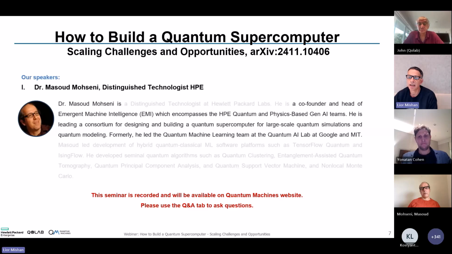He is leading a consortium for designing and building quantum supercomputer for large-scale quantum simulations and quantum modeling. Formerly, he led Quantum Machines' leading team at Quantum AI Lab at Google and MIT. And by this, we'll switch to you, John, to start the presentation.